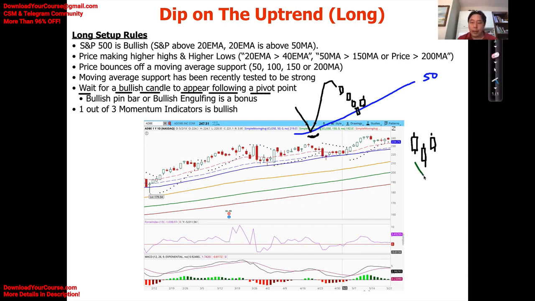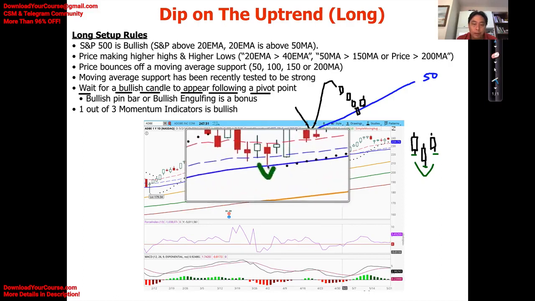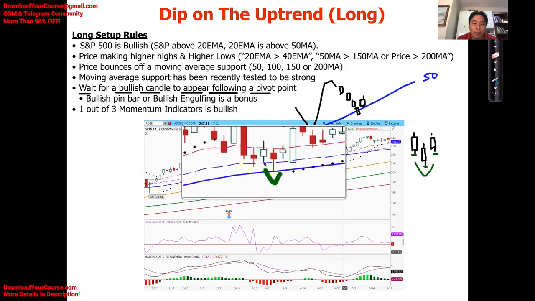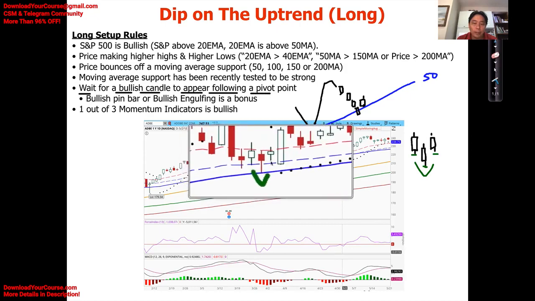So this is known as a pivot point, this over here. Why? Because this low is lower than the previous low and lower than the next low. So it creates a V shape. A pivot point is basically a V shape. Make sense? So over here, for example, this is a pivot point because this low is lower than this low and lower than the next low.